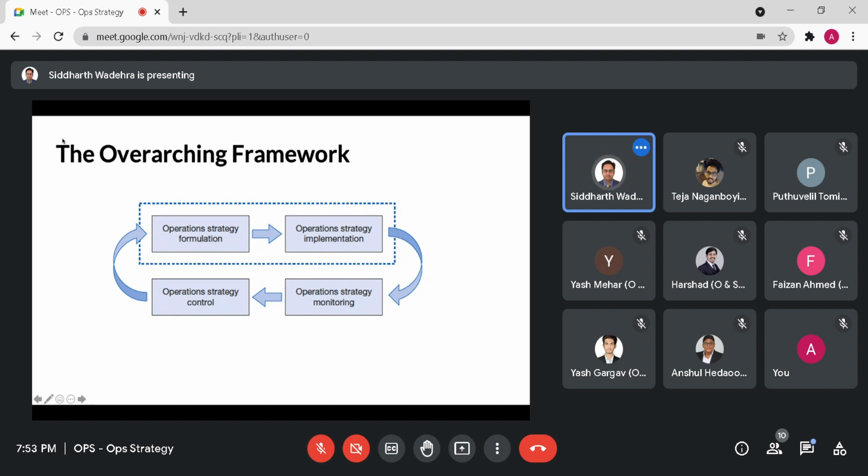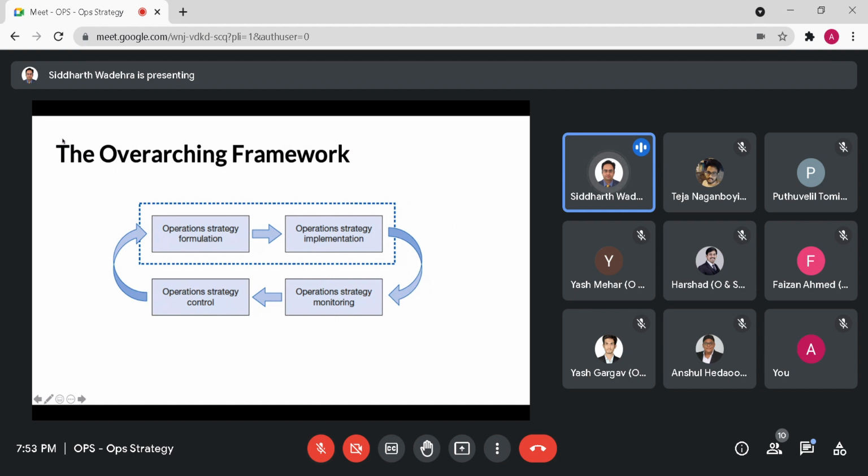Also, when we look at the cross section, you will have different other elements that will form a part of your larger operation strategy. It ties everything together, whether it's your supply chain, whether it's integrating your suppliers, whether it's looking at specific performance metrics that your organization wants to focus on, whether it's looking at inventory management.